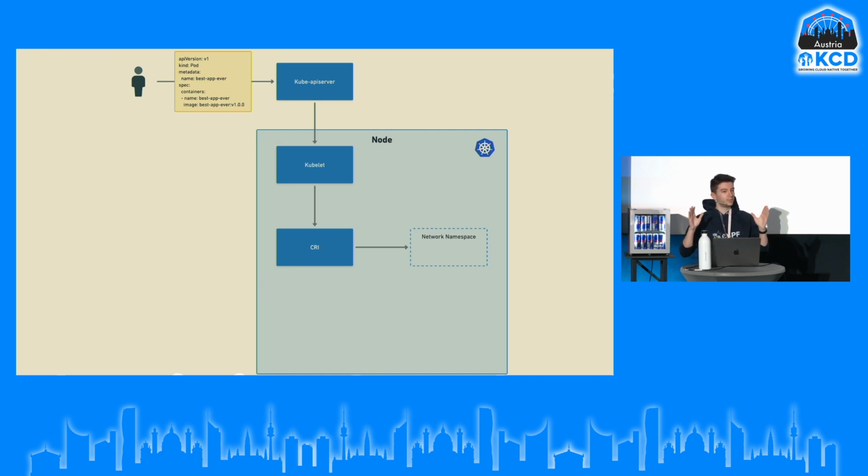The entire purpose of that container is so that this network namespace is being created. And then you're going to create whatever container you want within that network namespace. This is also the reason why you can have multiple containers within a pod and why they can communicate via localhost with each other.